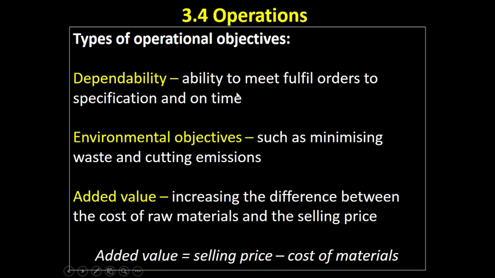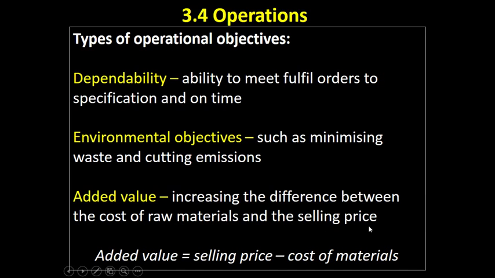Dependability is the business's ability to fulfill orders to specification and on time. In other words, if the business has said it's going to meet a particular deadline, can the organisation actually achieve that? They may be setting environmental objectives such as minimising waste, cutting emissions from the production process. That ties in with the ethical considerations.